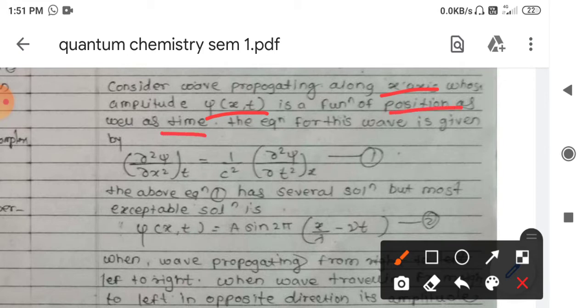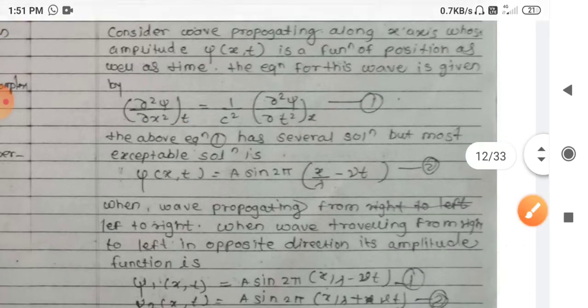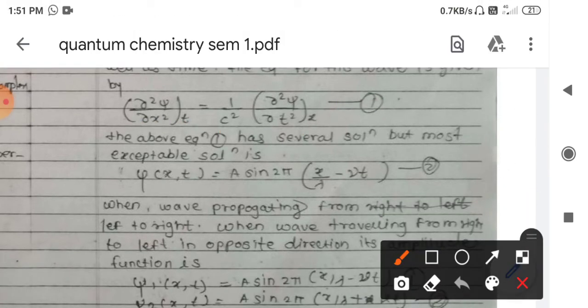The equation for this wave is given by d2 psi upon dx square, keeping time constant, equals 1 upon c square, which is some constant value, into d2 psi upon dt square, keeping x constant. The solution of this second order differential equation is given by this function.